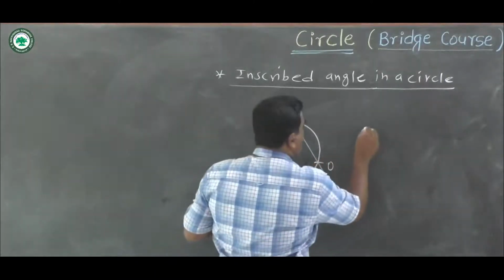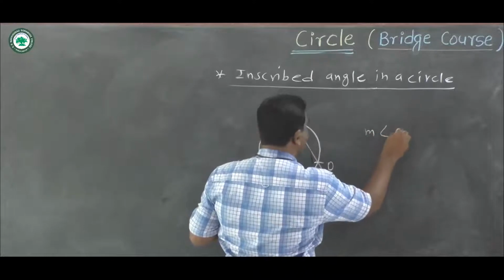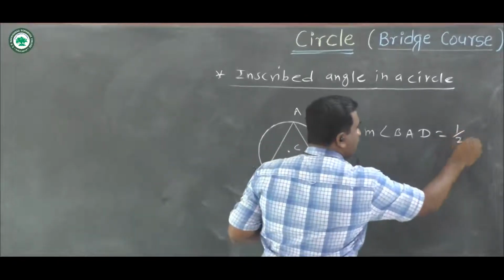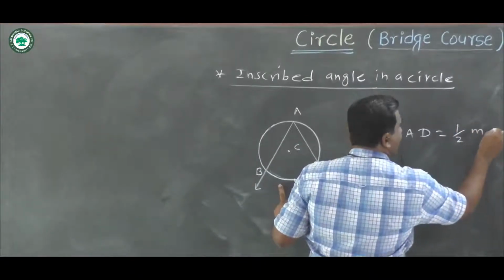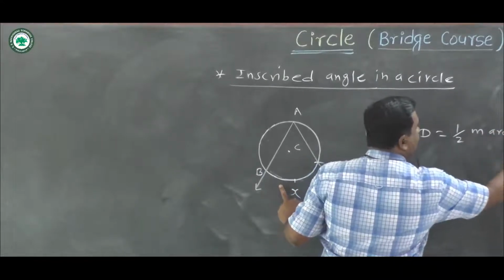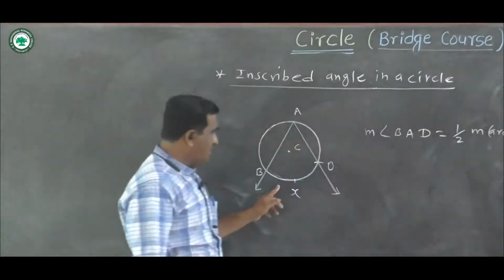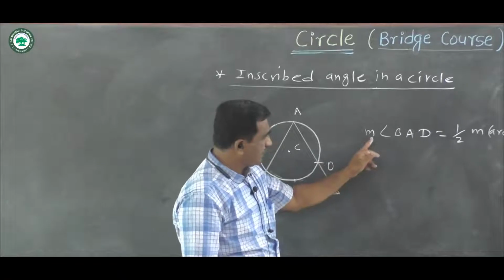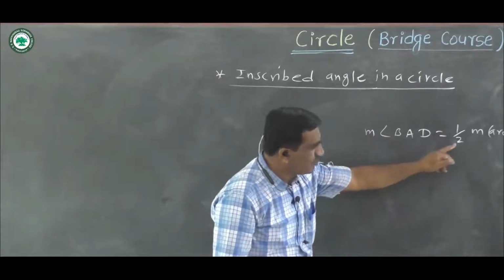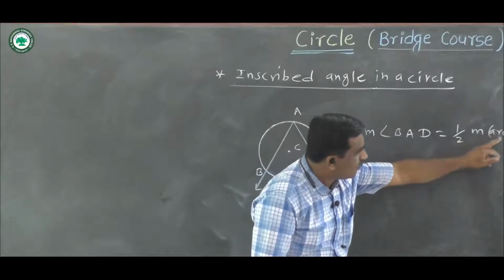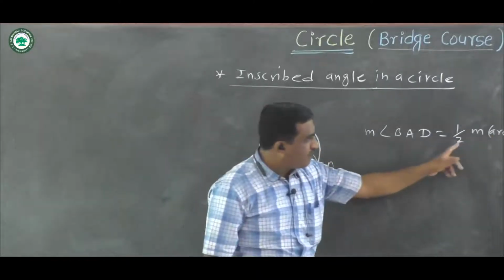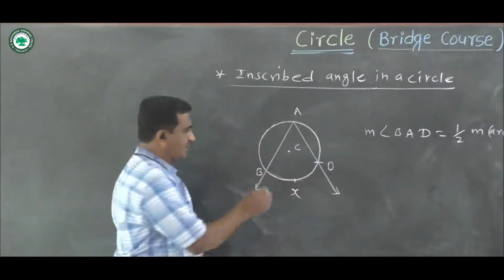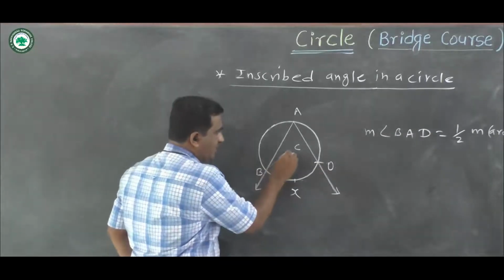Measure of inscribed angle BAD is equal to 1/2 into measure of arc BXD, or 1/2 into the measure of central angle BCD. Okay, we can draw these two lines here.